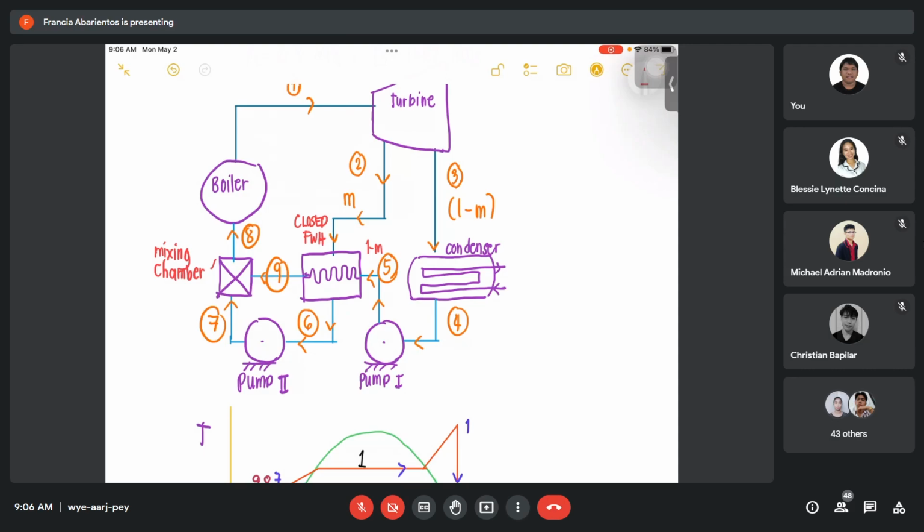Okay? So, anong dinagdag dito, class? Dinagdag dito si mixing chamber compared to the open feed water heater. So, same pumps. We have two pumps from the condenser and from the closed feed water heater.